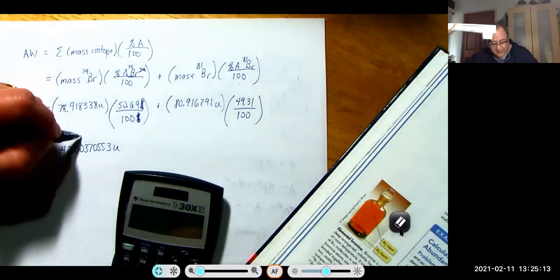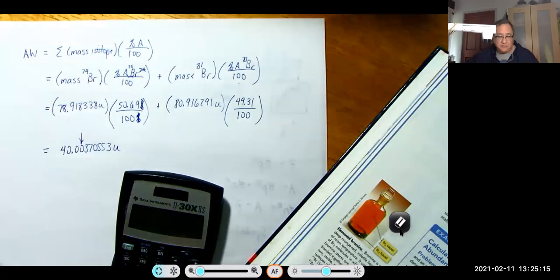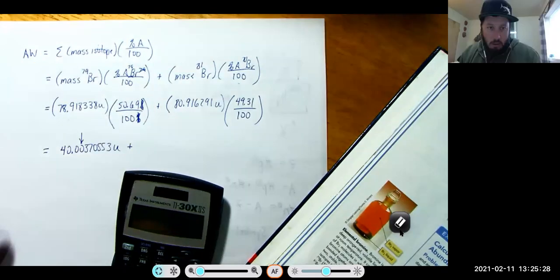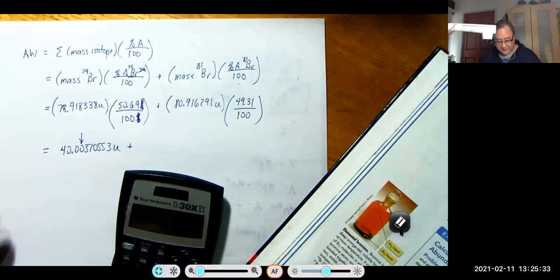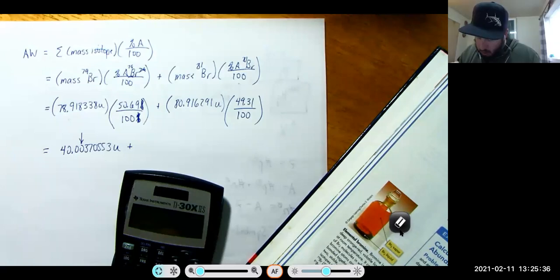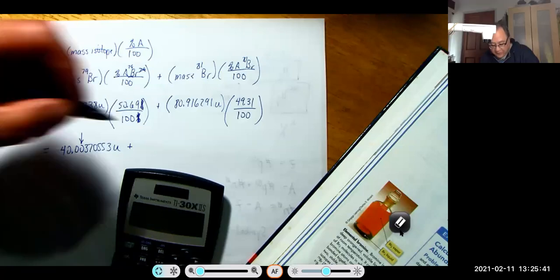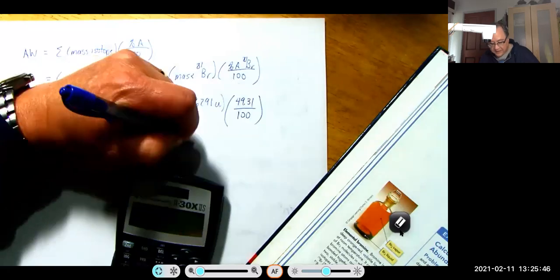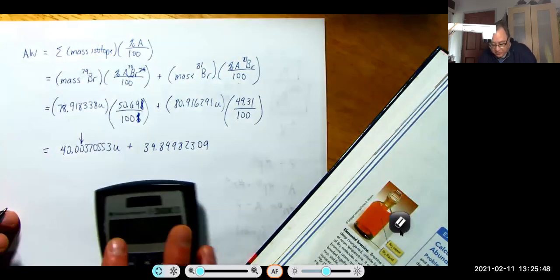So this would be rounded here if I were done, but I'm not done. The arrow tells you where I would round. But I'm not going to round yet because I'm not done. So here I've got 39.89982309. And if this one were done, I would also round right there.